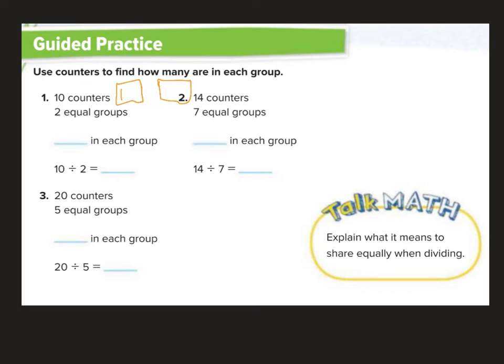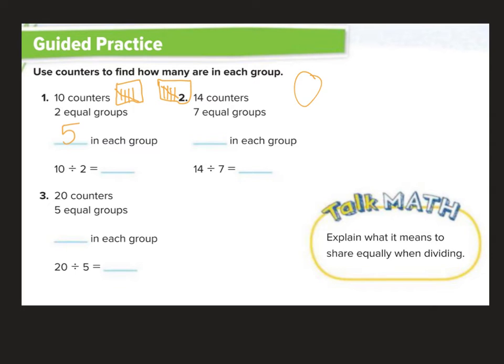So I would do 1, 2, 3, 4, 5, 6, 7, 8, 9, 10. I have 5 in each group. So what about if I took number 2 here, and I have 14 counters into 7 groups?